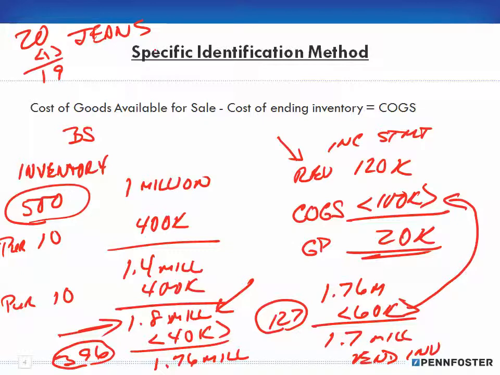Of course, you'd still end up having to do an ending inventory, right? Which now brings me to this idea of ending inventory. If I'm looking at these cars, I have this 500 plus this 10 plus this 10, so I have 520 cars. And when I go to do inventory, I don't have 520 left.